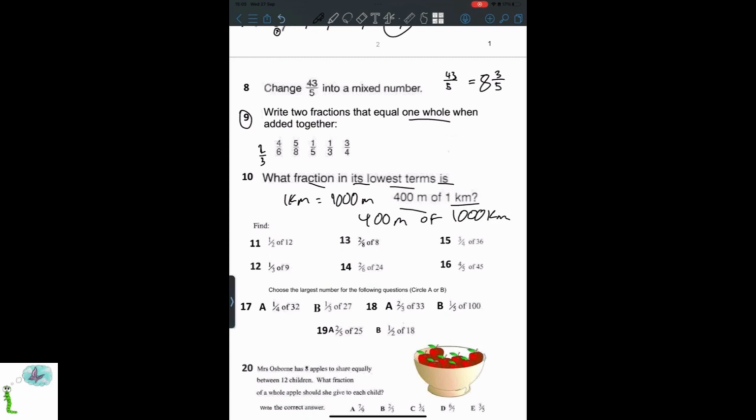And yeah, so that's just 400 over 1,000, right? And then if you cancel out the zeros, bop, it's 4 over 10, and then you can simplify that further, which will be 2 over 5, and that's your answer.